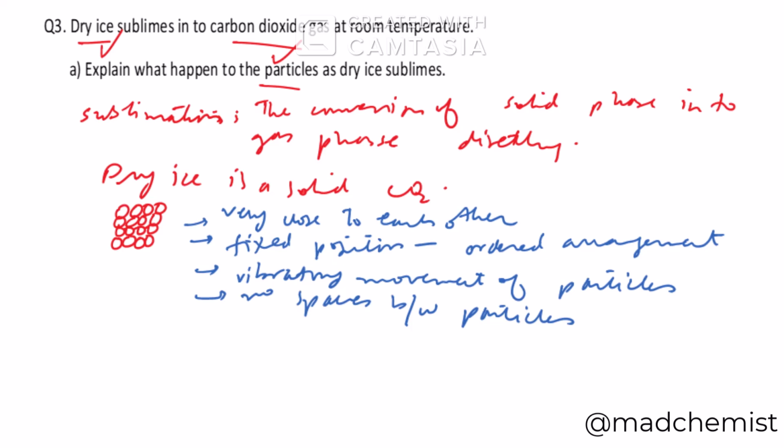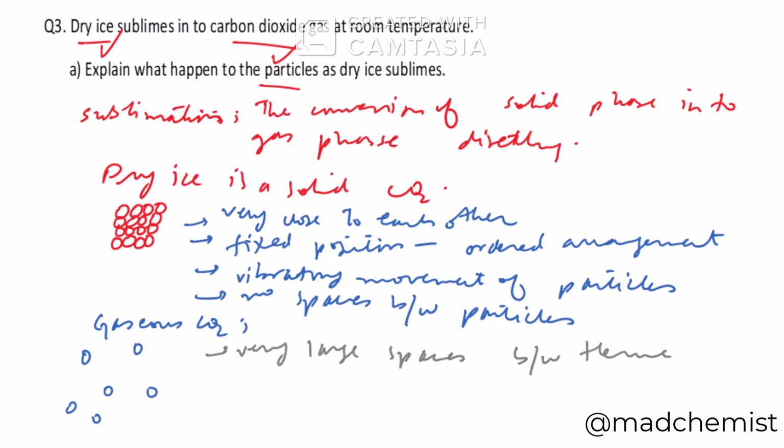While when the dry ice sublimes, it converts into gaseous carbon dioxide, and in gaseous form, the particles will have very large spaces between them. They move randomly in any direction.